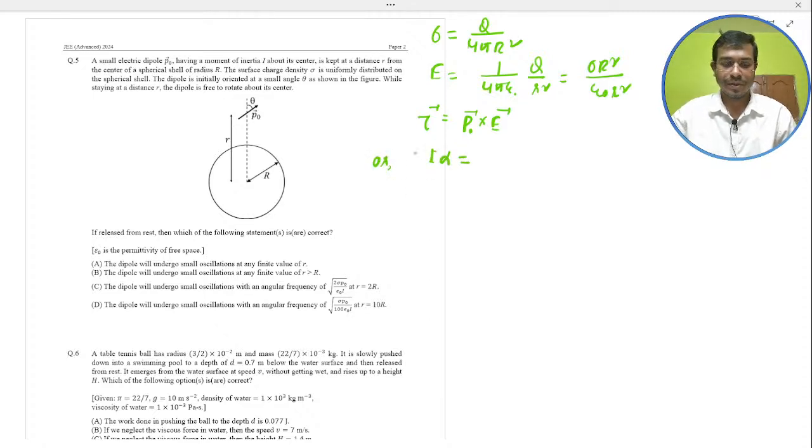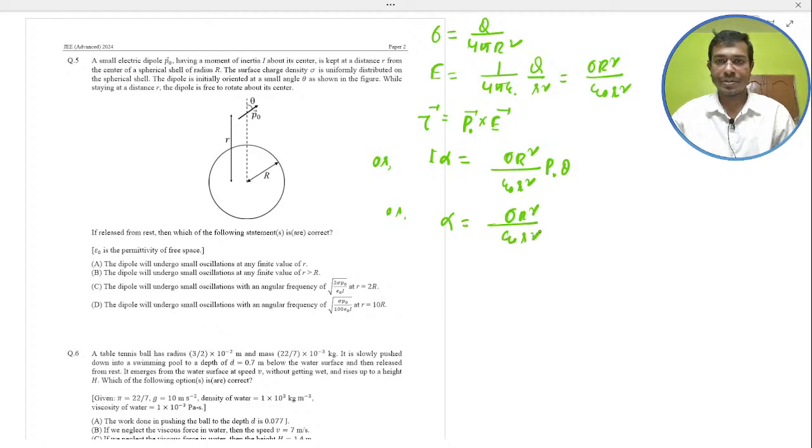The electric field is sigma r square divided by epsilon naught r square, times P naught theta, for small theta, alpha. You would get the value of omega. This is the square root of sigma r square by epsilon naught r square.